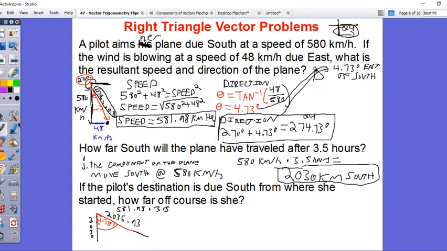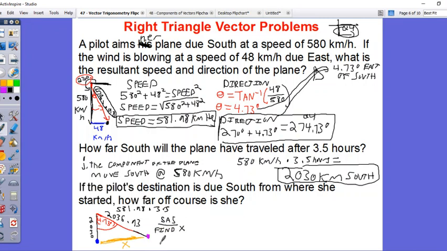And we need to find out how far off course. So if there's not supposed to be any wind, the pilot was supposed to end up here. But the pilot ended up right here. So we need to find out how far off course she is. And so this distance in the triangle is how off course the pilot is. So we need to find this value x. And notice this is a side angle side triangle, which means we can find x.